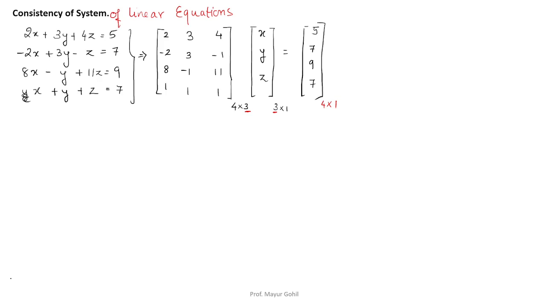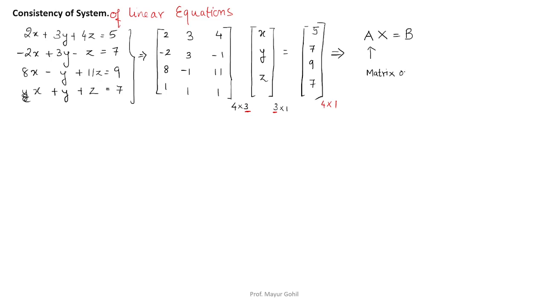Now what we have represented here in matrix notation is denoted by AX equal to B. Now this A matrix is called the matrix of coefficients.